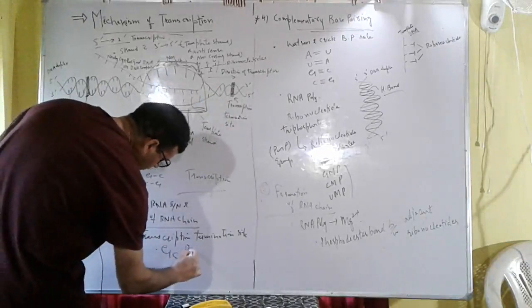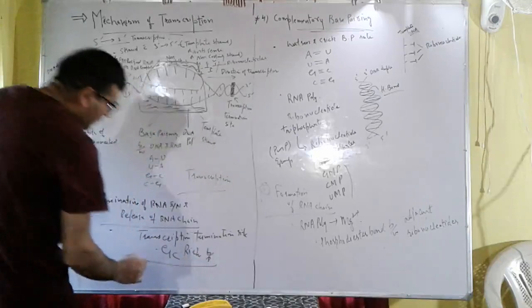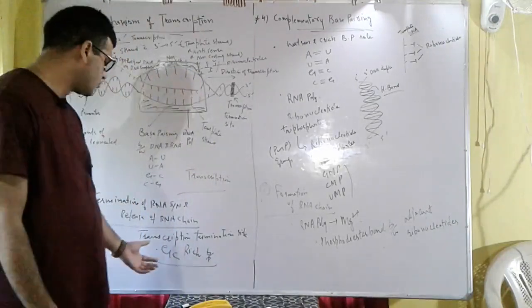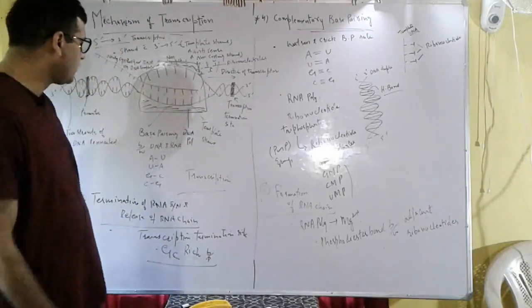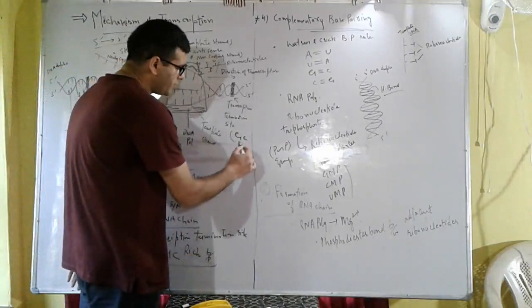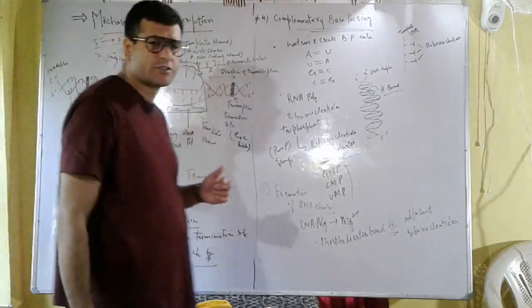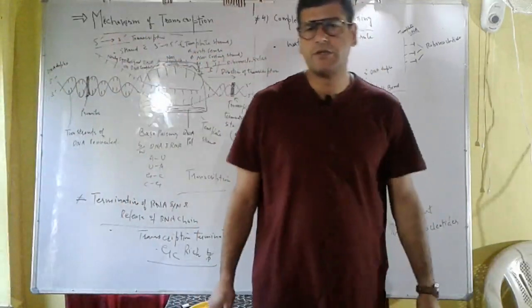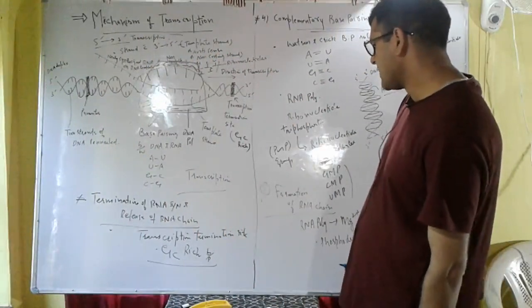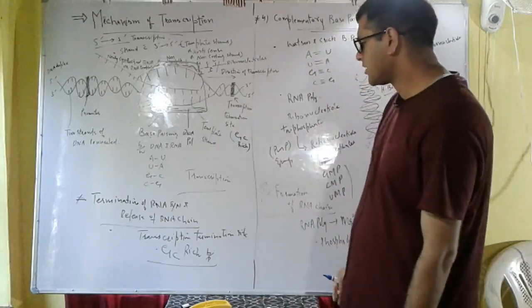That means this sequence is rich in guanine cytosine base pairs. When this RNA polymerase reaches this site, transcription stops.